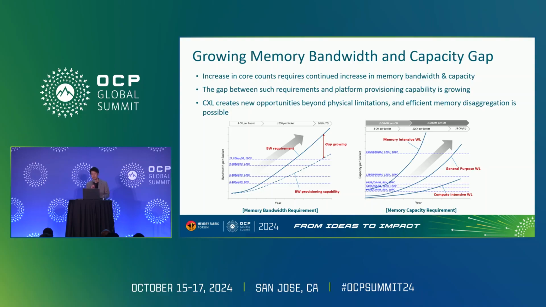So we basically need a new approach, and CXL can address these issues. CXL-based memory expansion is a decent solution, and CXL can also enable memory disaggregated systems beyond memory expansion.